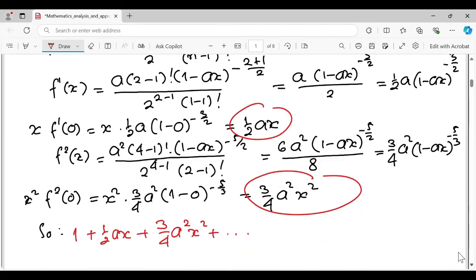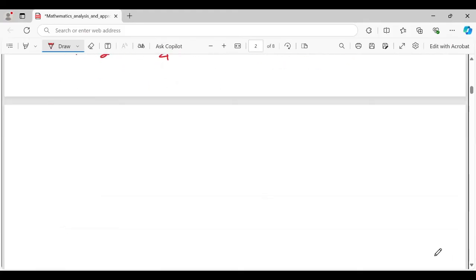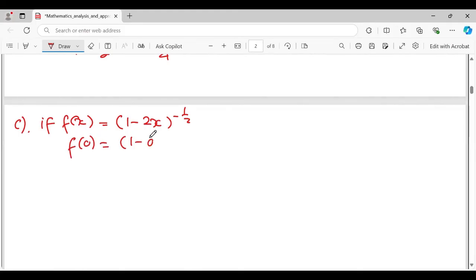Okay, part C. So if f(x) equals (1 minus 2x) to the power minus half, it means f(0) is (1 minus 0) to the power minus half, which equals 1.